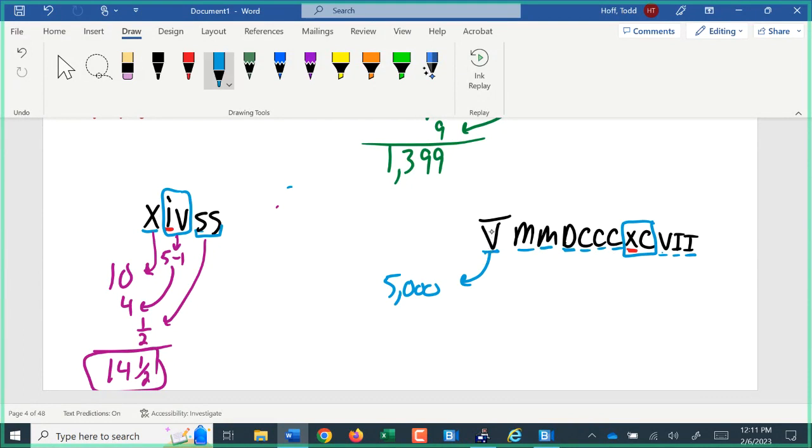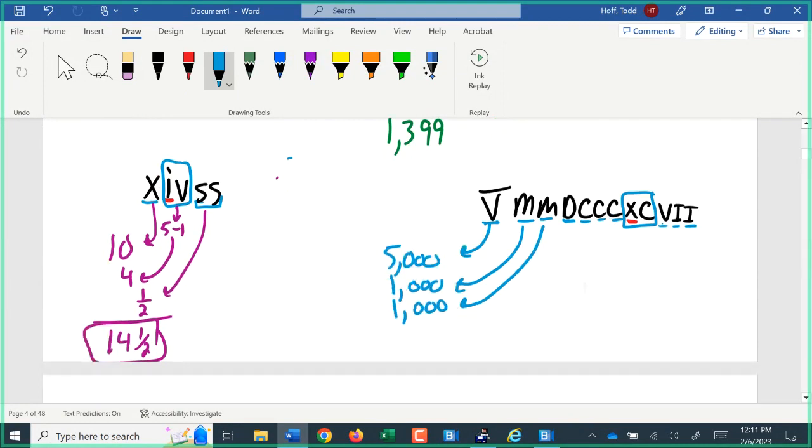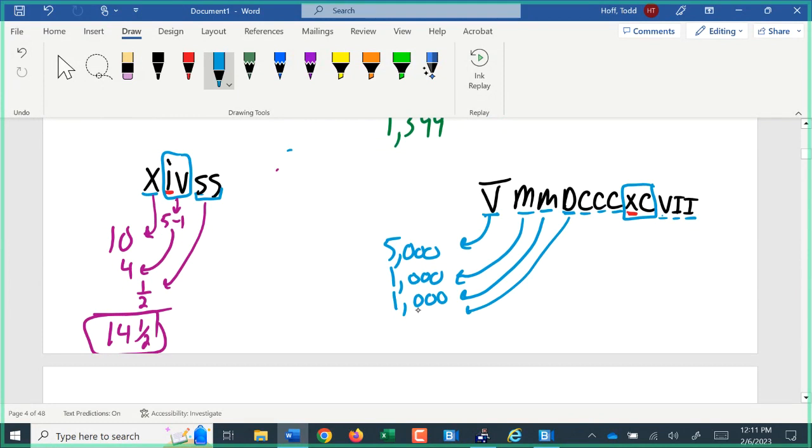So as I said, we have the V bar, which was 5,000. M, which is another 1,000. Another M, which is another 1,000. D is positive, that's 500. C is 100. Another C is another 100. And another C is another 100.